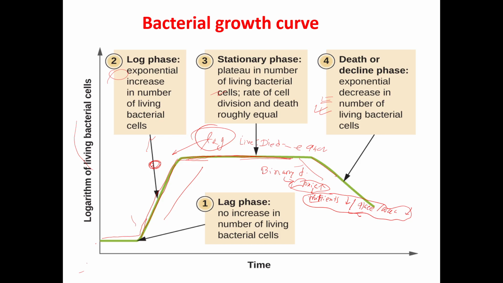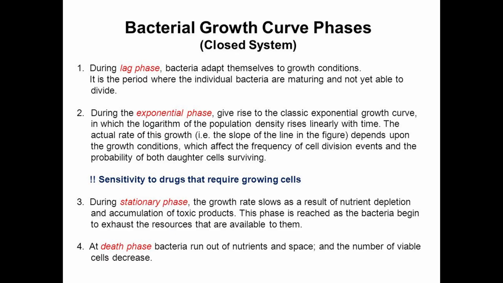The log phase is very suitable to apply antimicrobial agents, because they are taking very much nutrients here. So if we apply any antibiotics in this stage, the bacteria will die and the patient will be cured. But in the death phase, if any bacteria survive, then we cannot apply any antibiotics. So this is the overall picture of the phases.